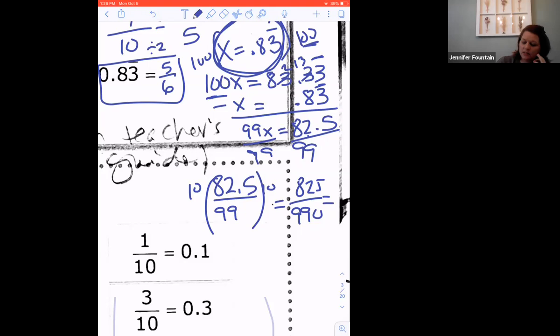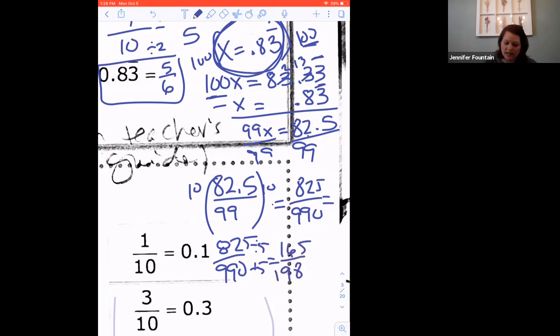Actually, I can go more than that. So let me divide 825 over 990 by 5 because those are the first things we see. That would give us 165 over 198. Divide by 3 gives me 55 over 66, which I can see now I can divide by 11, which gives me 5 over 6. Doesn't that look like fun?